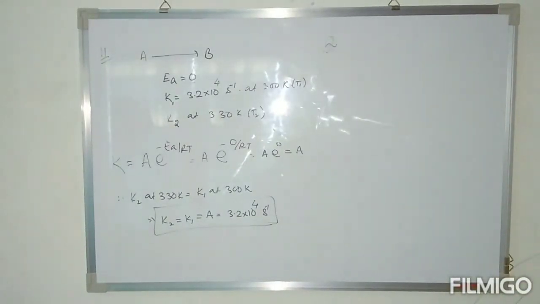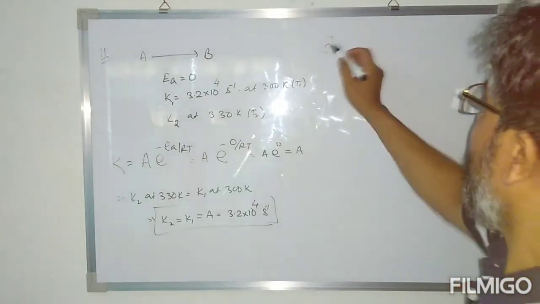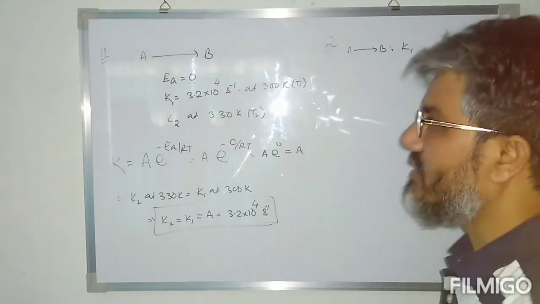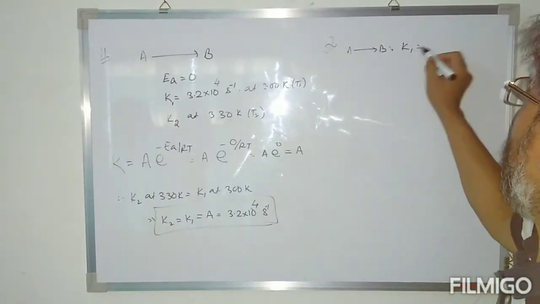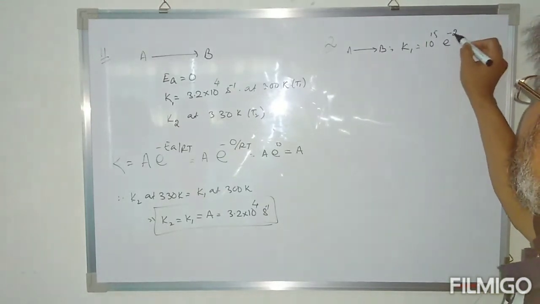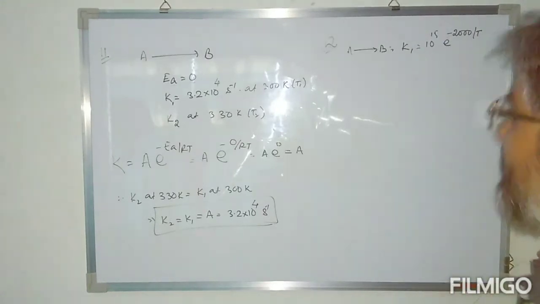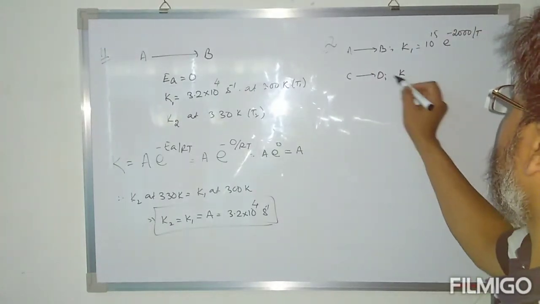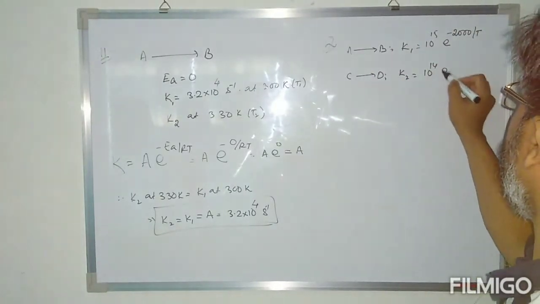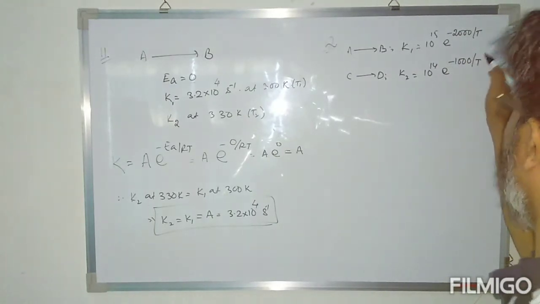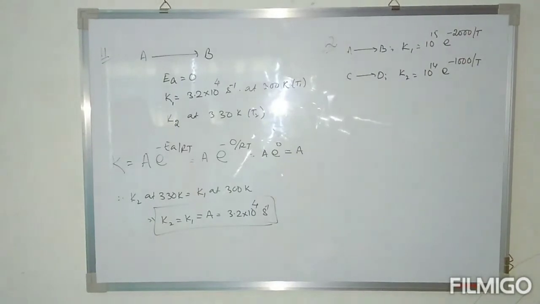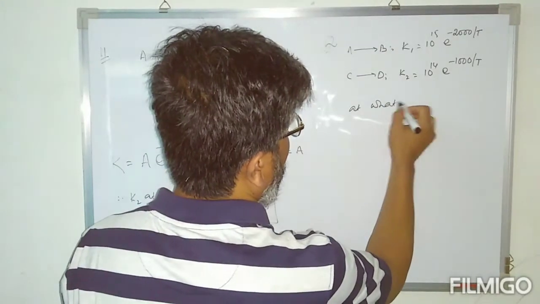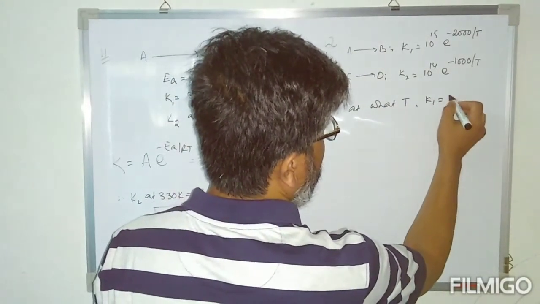Another question. We have two reactions. For A to B, the rate constant K1 is given as 10 to the power 15 exponential minus 2000 by temperature T. For another reaction C to D, the rate constant K2 is equal to 10 to the power 14 exponential minus 1000 by T. The question says, at what temperature is K1 equal to K2?